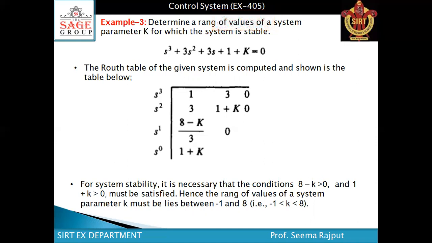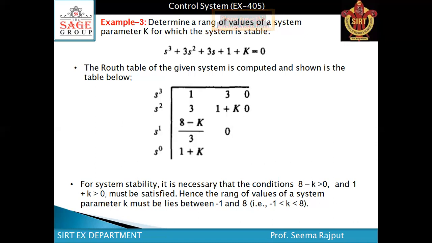So we have to solve it as in the previous example. After solving this Routh table, for system stability, it is necessary that the conditions (8 minus k) by 3 greater than 0, so that is only 8 minus k, and 1 plus k greater than 0, must be satisfied.